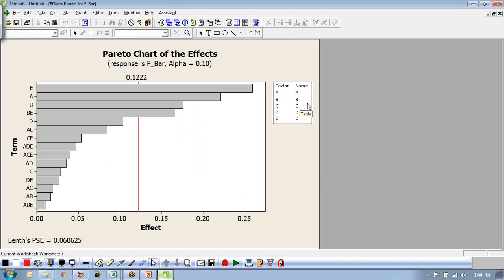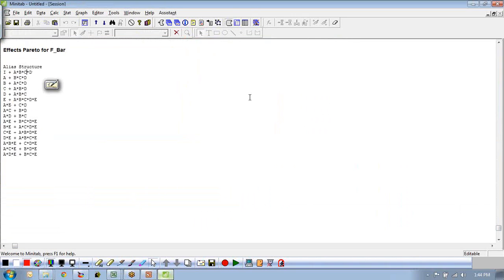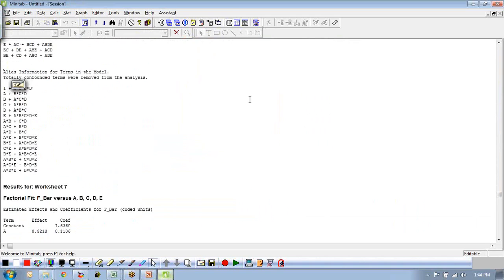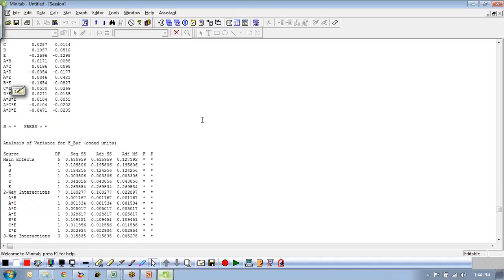And there I go. I get a couple of interactions: A, E, B, and B, E. So I go ahead and analyze the rest of that. Now it's interesting, it's asking for the resolution of the design. You should be able to go up to the session window and see, for example, what the resolution of the design is. Ooh, that's not that one.